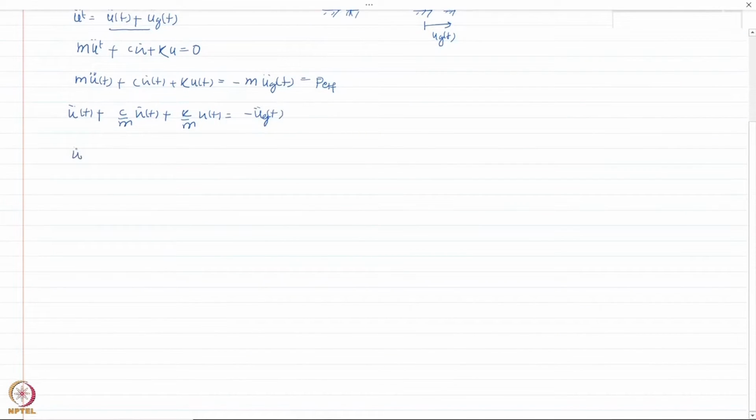This can be further written as: c by m is nothing but 2 zeta omega_n times u dot of t, and k by m can be written as omega_n squared times u of t. This is my expression here.